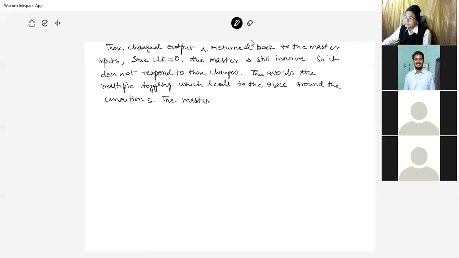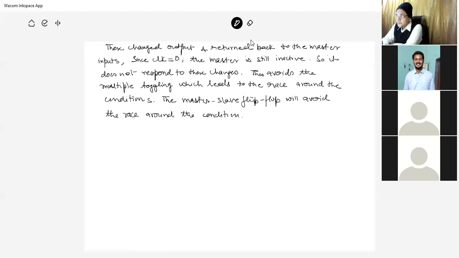The master slave flip-flop will avoid the race around the condition. So these are the important points: what is the state of the clock.